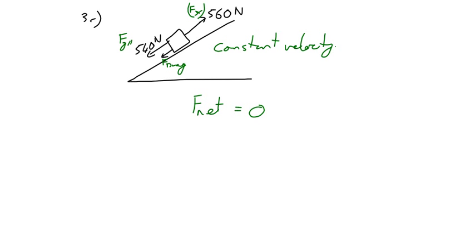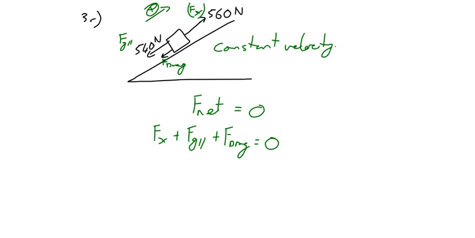So if I want to do this, the sum of my forces is going to be Fx applied plus F_G parallel plus F drag is going to be 0. Because we're moving up, I'm still going to use that as positive.